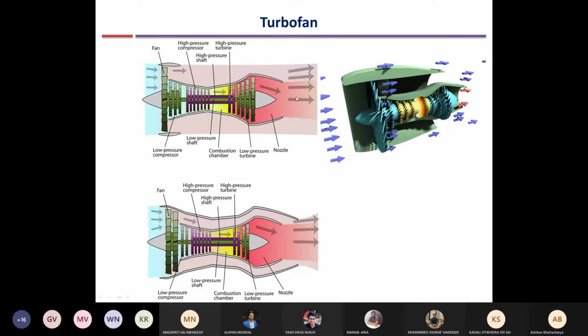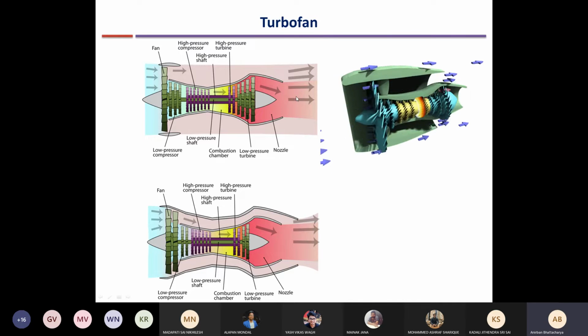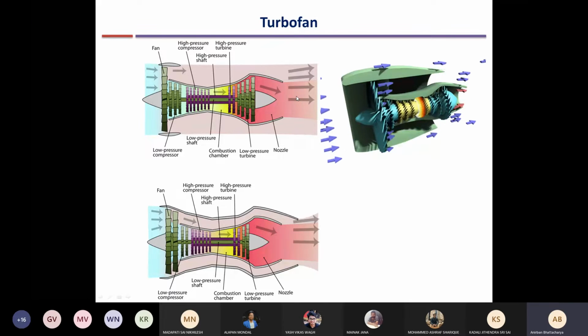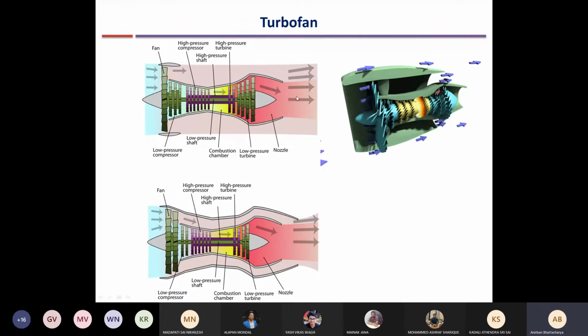So to increase the efficiency of propulsion, which is known as propulsive efficiency, again I am saying we will study this later, but briefly I am describing. You need the exhaust velocity to be as close to the aircraft velocity as possible. So for an aircraft flying at Mach 0.9, you want the exhaust velocity to be much lower than that of a turbojet engine.